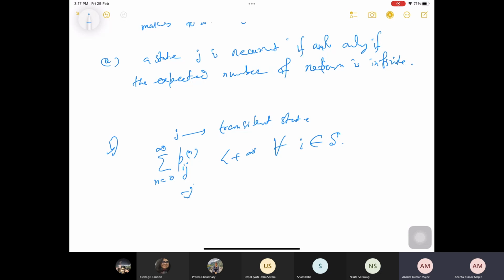So that means that the limit as n goes to infinity of pij of n is equal to 0 for all i in S.